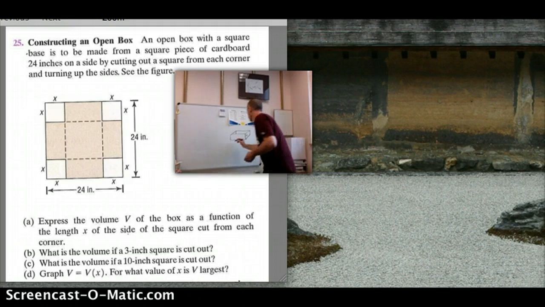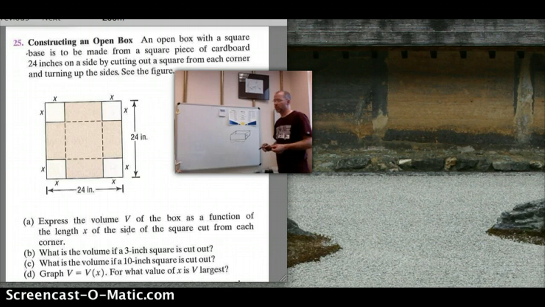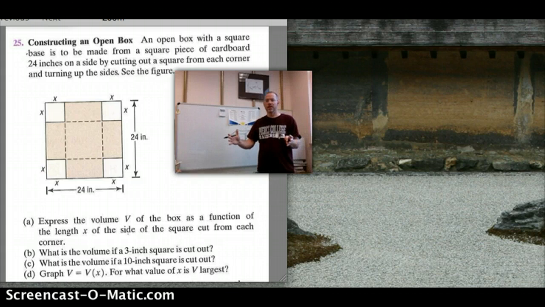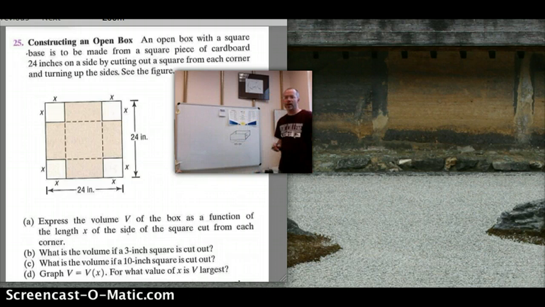And the length of the base of the box, well, the original square was 24 inches long, and we cut a piece out of each corner that was a length x. So it's actually 24 minus 2 times x, and that would be this dimension too.